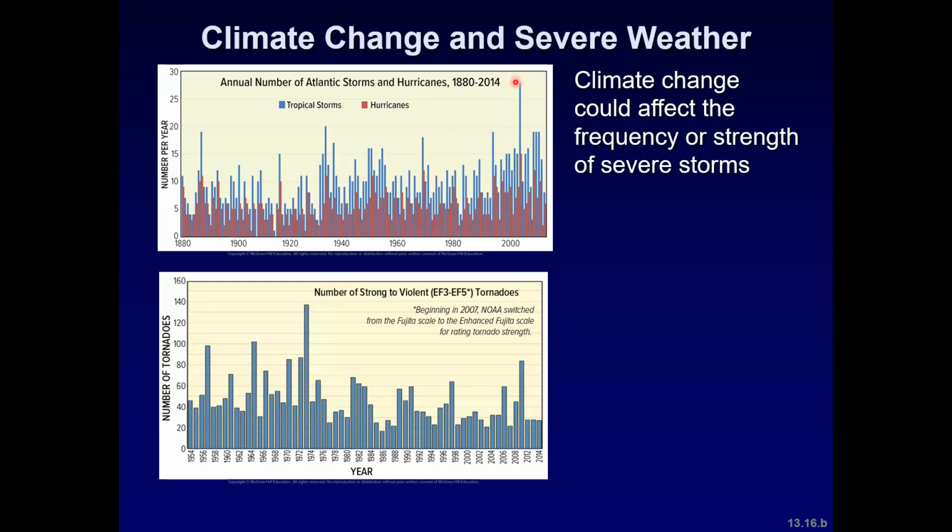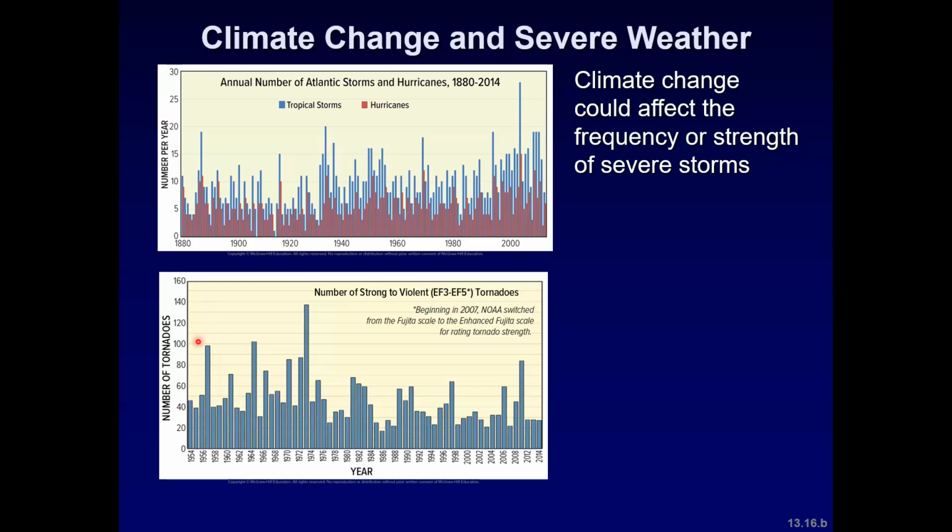We're seeing a few more tropical storms over time. It's kind of unclear, but it appears the hurricane data has gone up a bit as well, just looking at this. We also know that temperature has gone up, so there appears to be a correlation there.